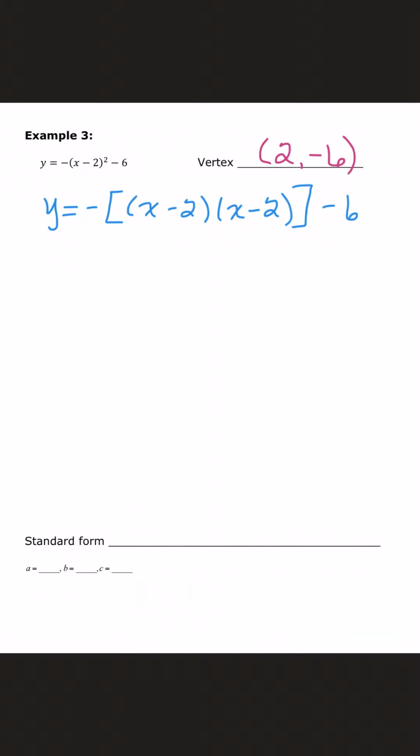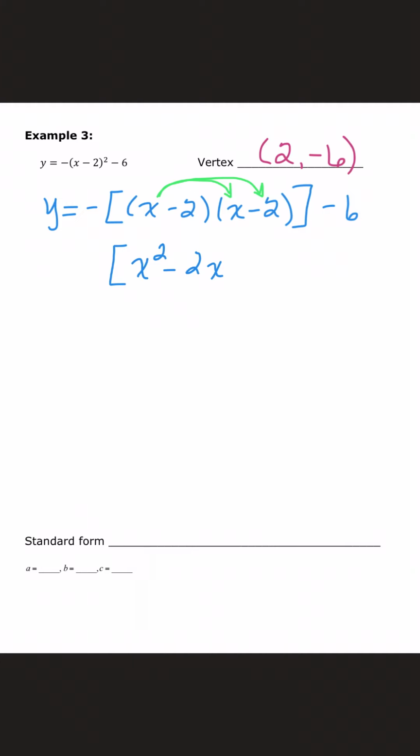Again, I'm going to use the distributive property, and we are going to distribute x times x and x times negative 2. So x times x is going to give us an x squared. X times negative 2 is negative 2x.